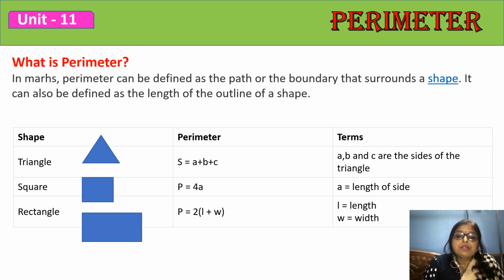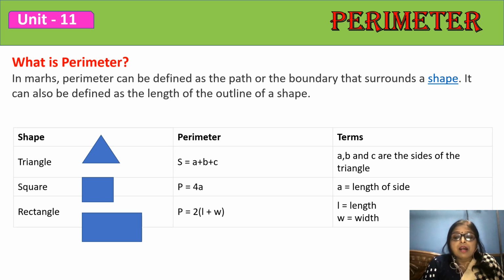In other words, the perimeter of the rectangle. Here letter L denotes length and letter W denotes width. This is the synopsis of the perimeter.